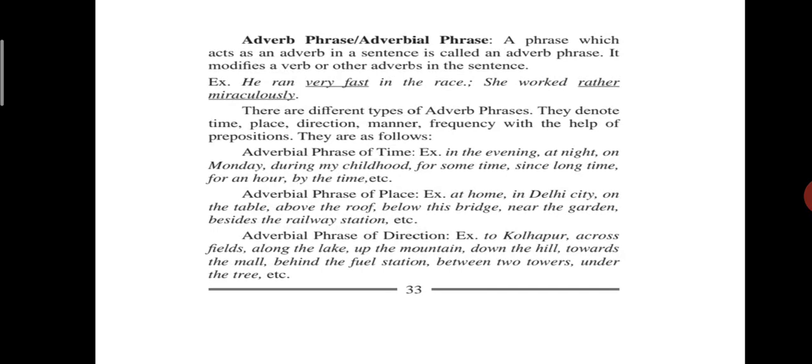Next, adverbial phrase of manner. For example, in a beautiful manner, very sweetly, rather fast, etc. Adverbial phrase of frequency. For example, twice a month, frequently, rarely, once a week, etc. Here we can understand how the adverbial phrase is used.